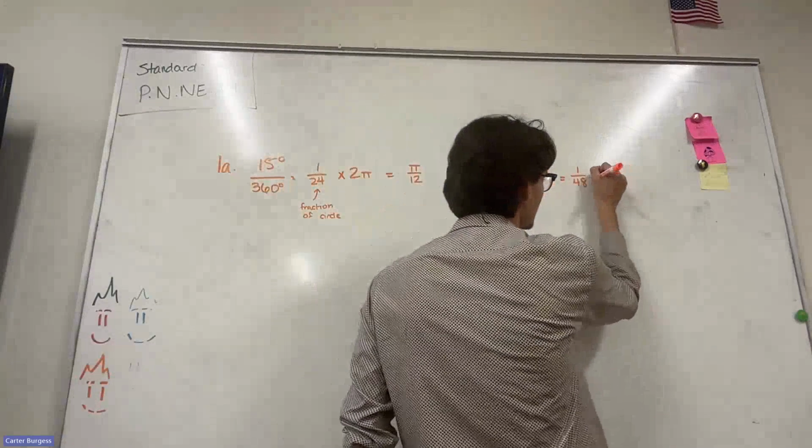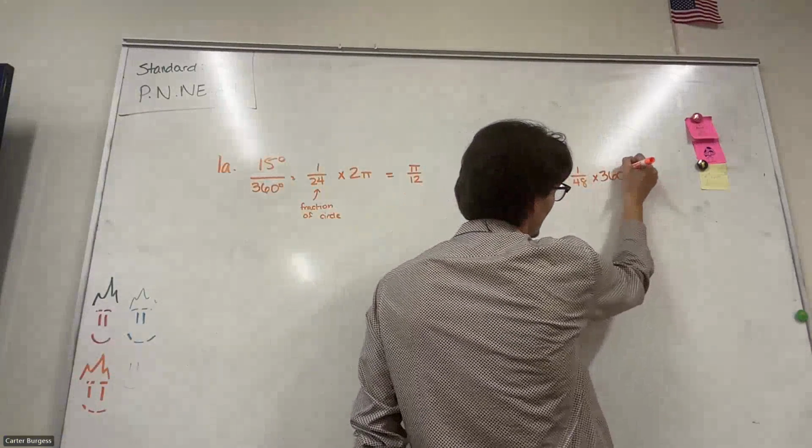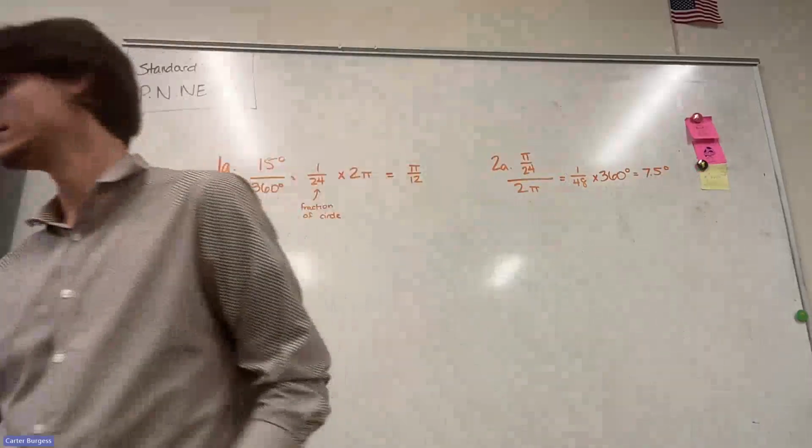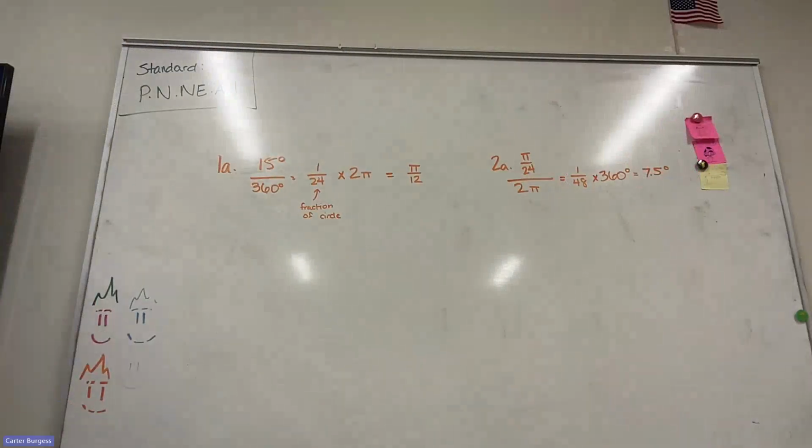Multiply by 360 degrees. And this works out to be 7.5 degrees, notably half of what we found from example 1, but we certainly didn't need that inference. Certainly could have it. That's 7.5, right? Yeah, 7.5 degrees.